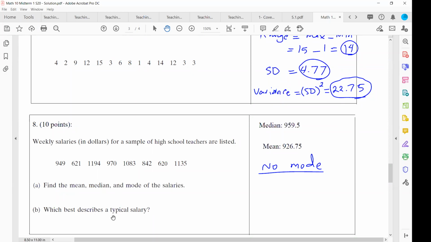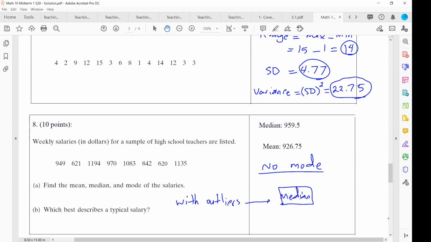Do we have outlier here? If you had outlier in your collection, then median was the best. So with outliers, median is a typical value.